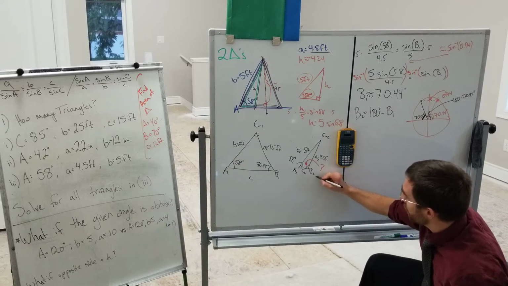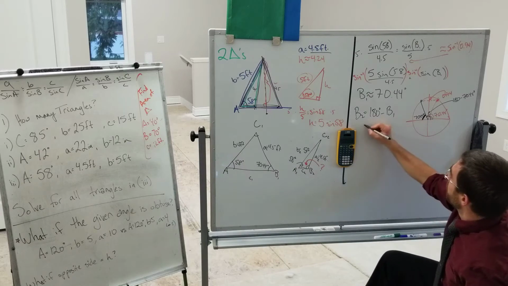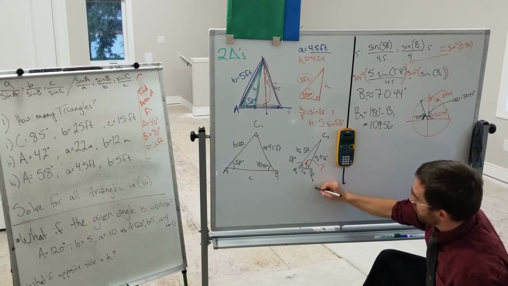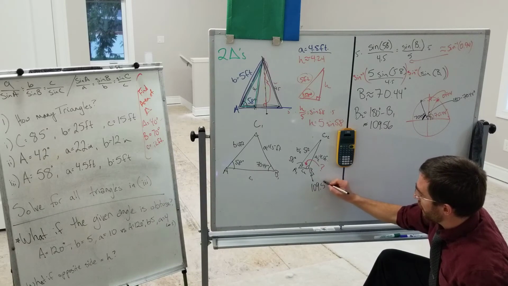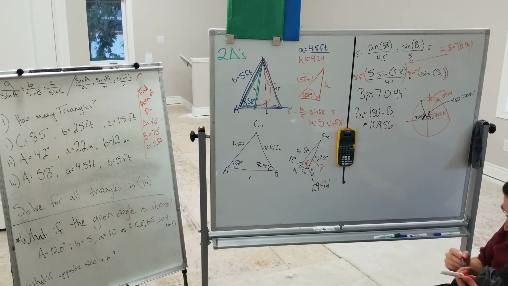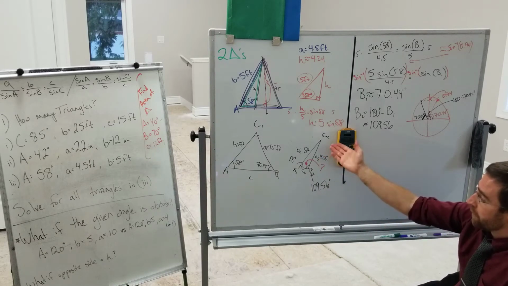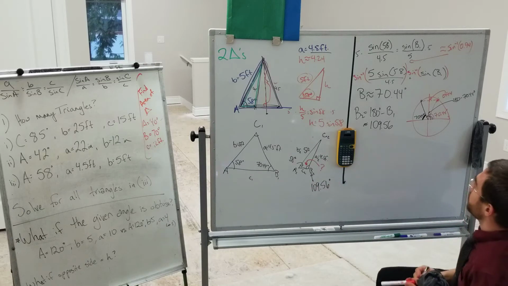So B sub 2 is about 109.56. So B sub 2 is 109.56 degrees. Now what we're going to do is solve for angle C1, angle C2, side C1, side C2.